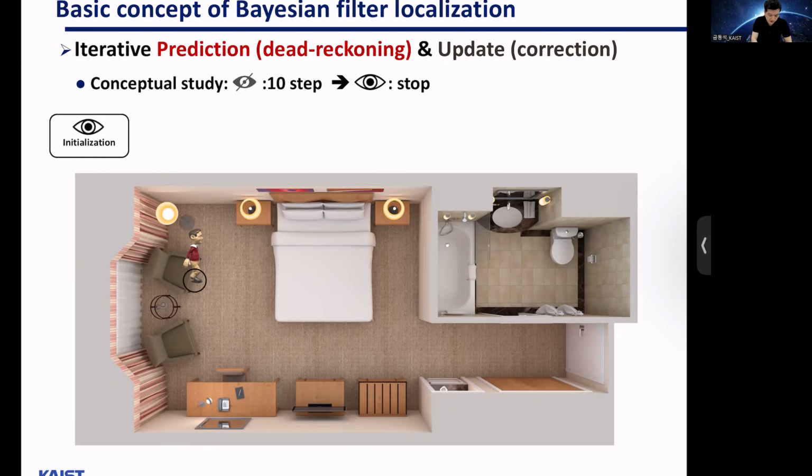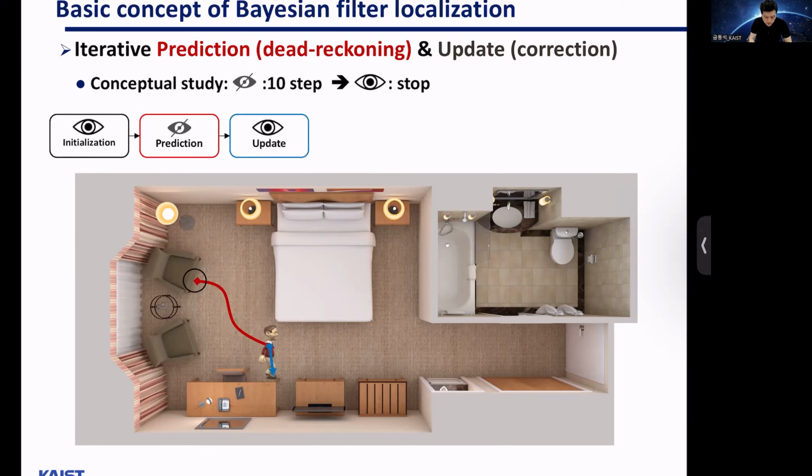So you have initialization, and then you predict using your motion model, and then you update based on your sensor model and observations.